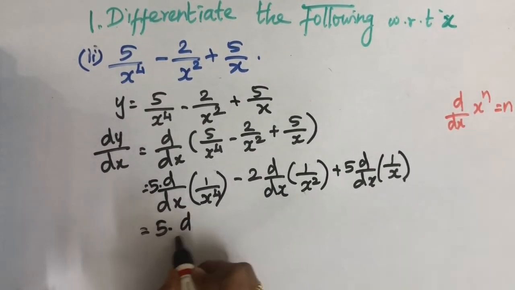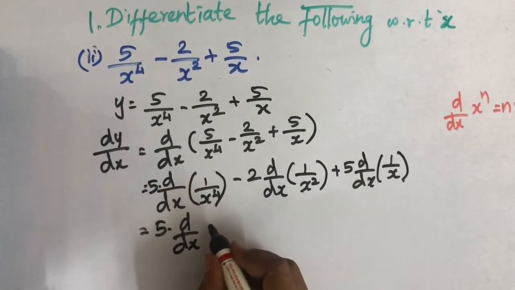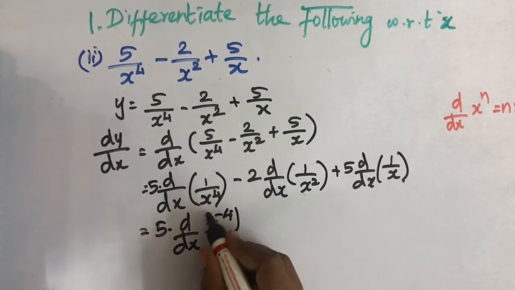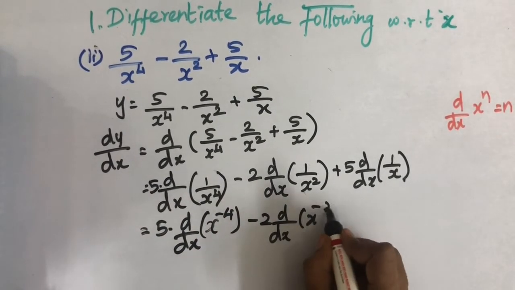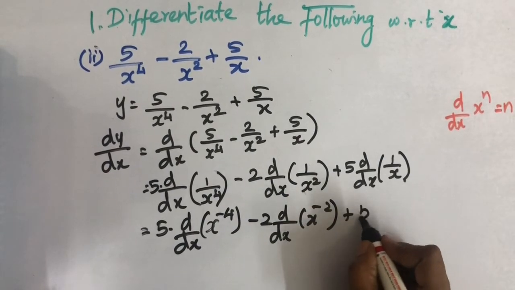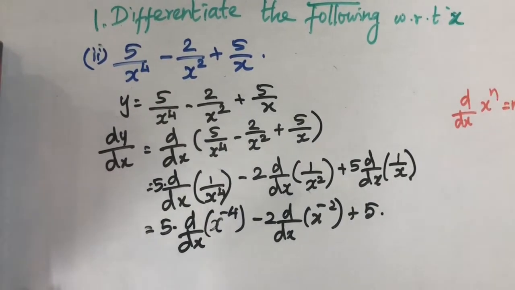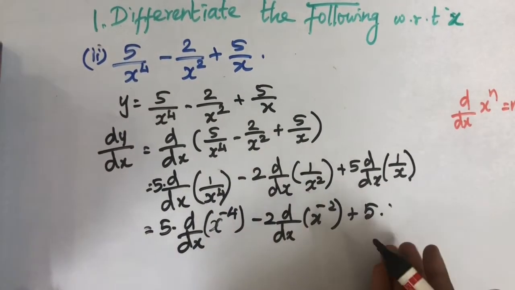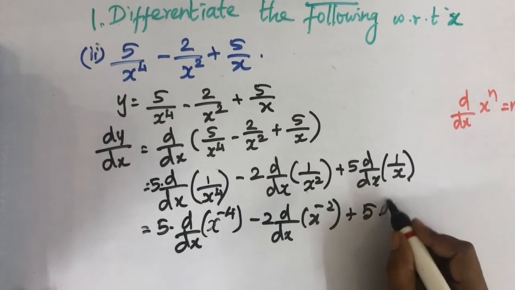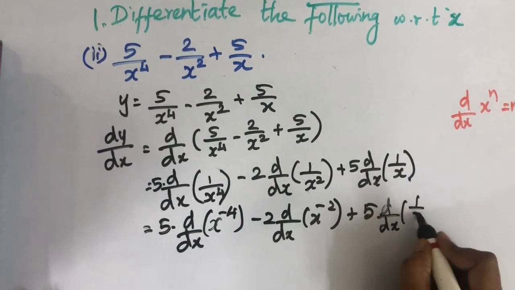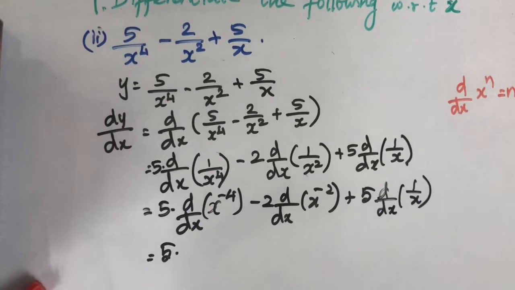5 into d/dx of, here we have the power in the denominator. So I write 1/x^4 as x^(-4), minus 2 into d/dx of x^(-2), plus 5 into d/dx of 1/x. For this we have a formula, isn't it? You can write it as x^(-1) or else you can use the formula. So 5 into, what is the differentiation of this?